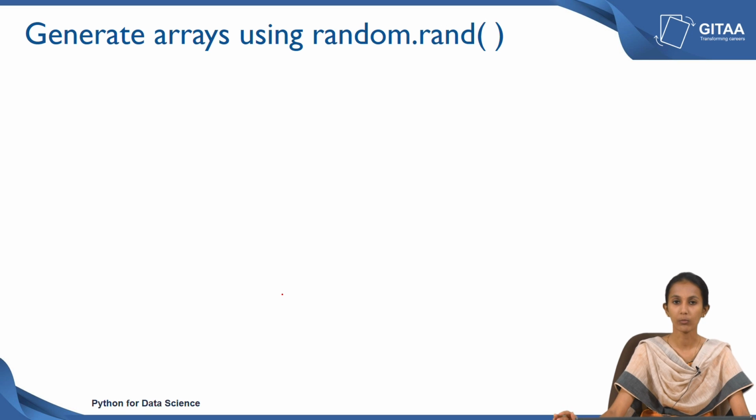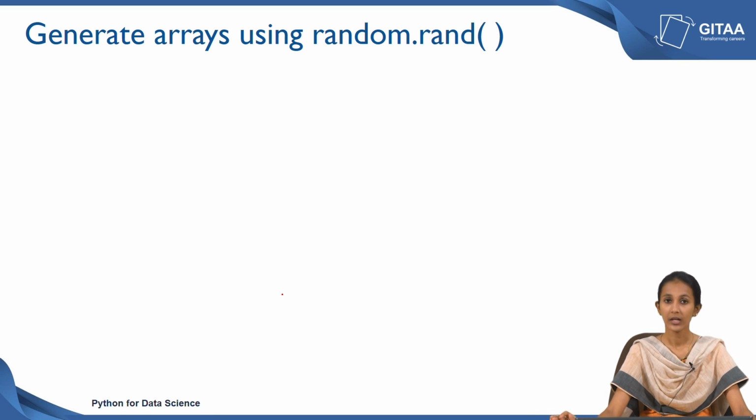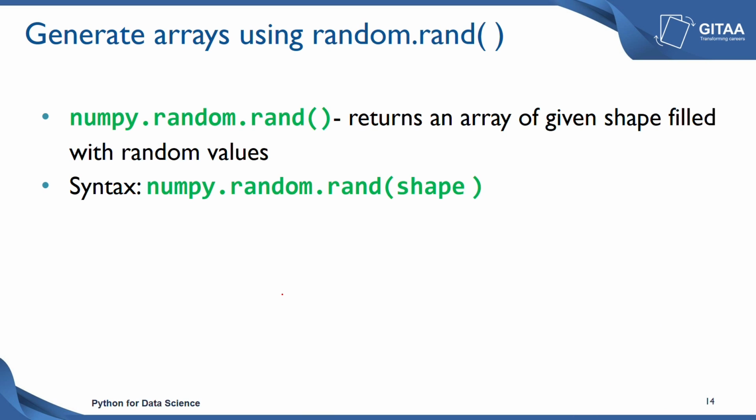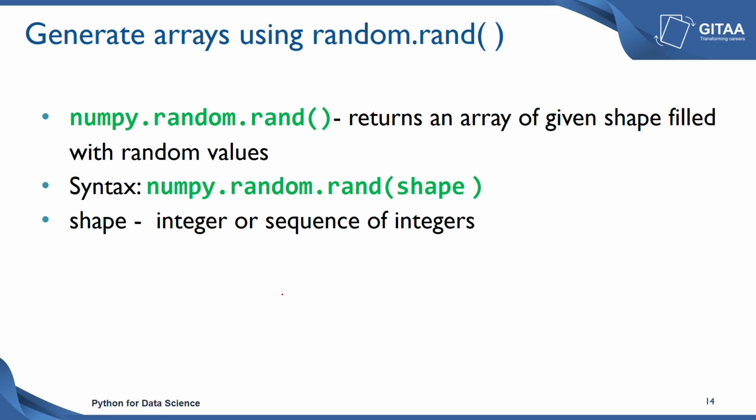Let us say you want to generate random values, rather than values from 1 to 10 or 1 to 100. Then you can use the random.rand function available in NumPy. numpy.random.rand returns an array with the specified dimension filled with random values. The syntax is numpy.random.rand, where shape can be an integer or sequence of integers.